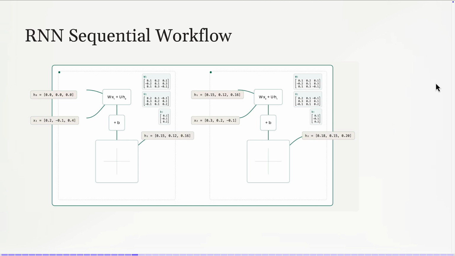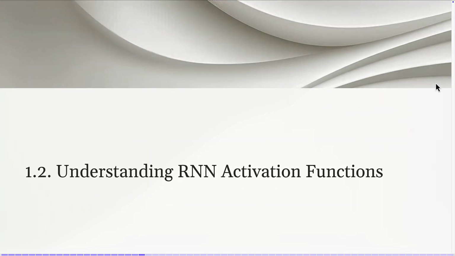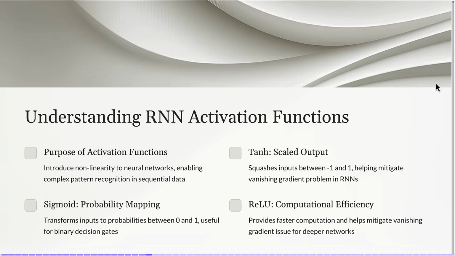And in RNN, usually we apply tanh, because tanh has a special meaning, as we will discuss in a while. So before continuing with RNN, I would like to put a focus on activation functions and their importance. So we will introduce the nonlinearity to neural network. The activation function introduces the concept of nonlinearity, enabling complex patterns to be learned.